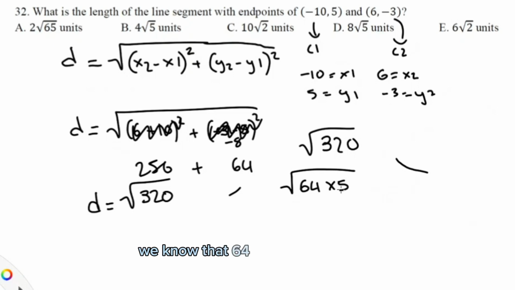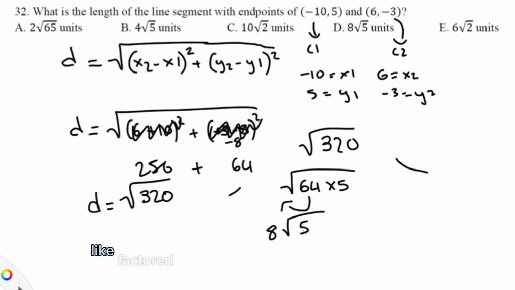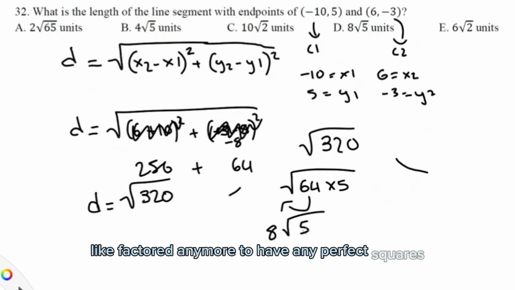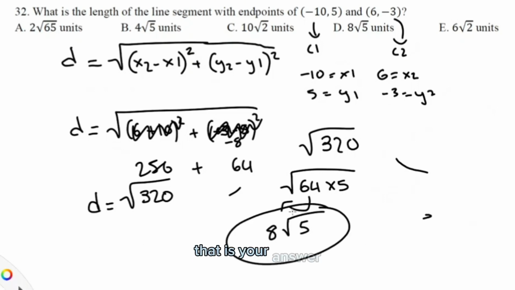We know that 64 is a perfect square because 8 squared is 64. So we can bring this outside of the square root and just take the square root of 64, which is 8. So it becomes 8 outside the square root and 5 left over inside. And since 5 cannot be factored anymore to have any perfect squares, that is your answer.